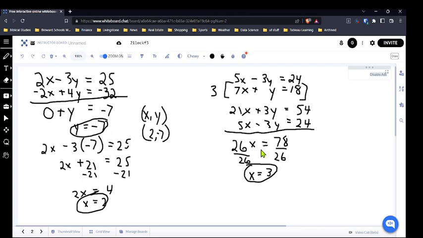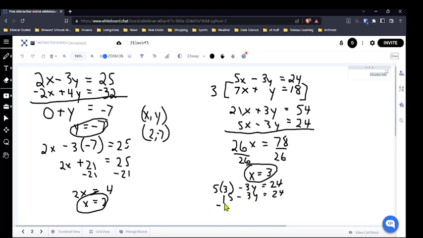Now I can just plug back into one of my original equations. So let's just use the first one. So I've got 5 times x, which is 3, minus 3 times y equals 24. 5 times 3 is 15, minus 3y equals 24.